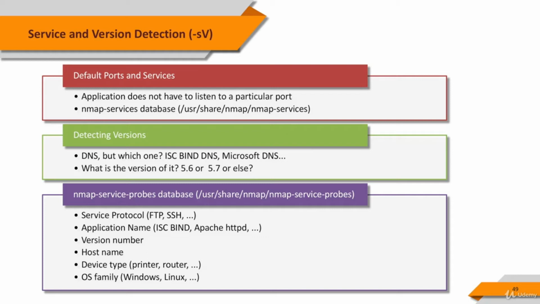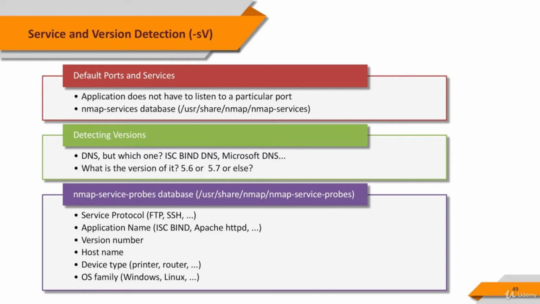Having an accurate version number helps dramatically in determining which exploits a server is vulnerable to. And version detection helps you obtain this information. After TCP and/or UDP ports are discovered using one of the other scan methods, version detection interrogates those ports to determine more about what is actually running.